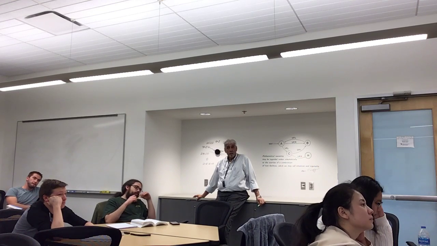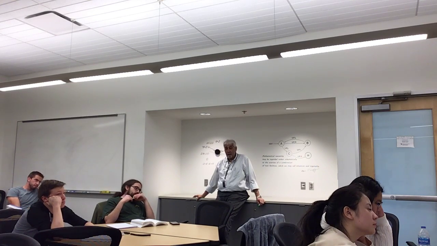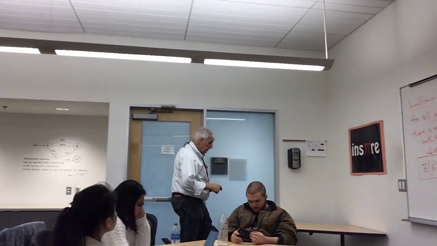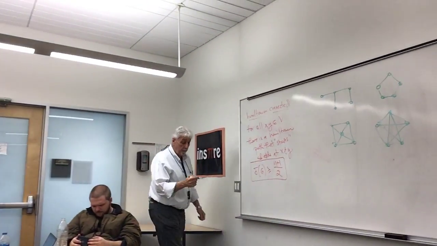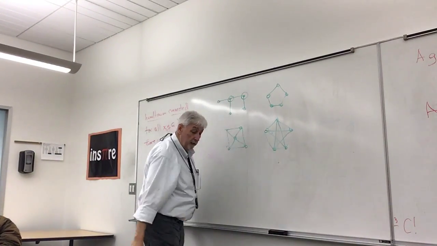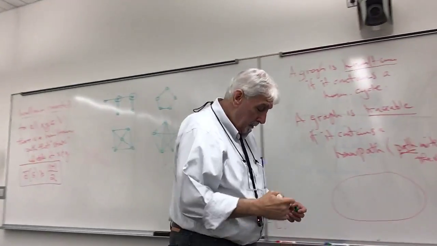1. Okay, in fact, there are 2 ways to remove 1 vertex. If I remove this vertex, or I remove this vertex, the graph is disconnected.